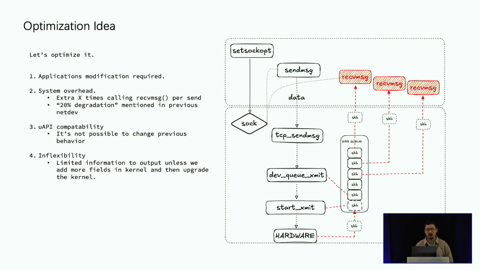Little flexibility means if you want to know more about the stack, such as those fields in struct tcp_info, we have to change our code and upgrade the kernel. It means we have to wait at least a few months or years to let our customers enjoy this new feature. So it's not really acceptable.